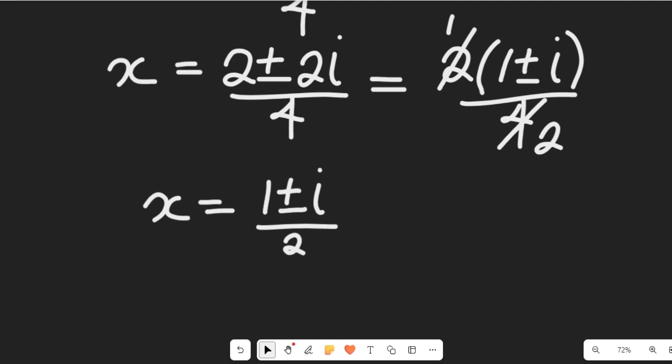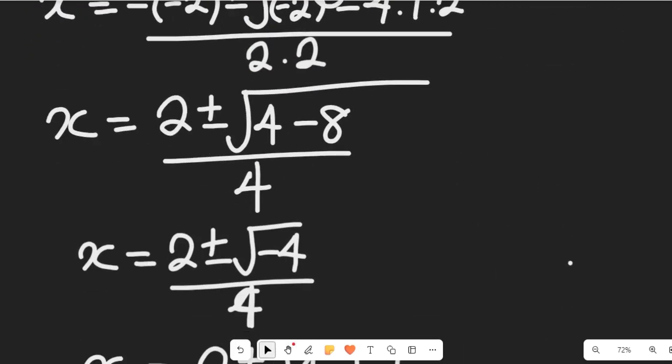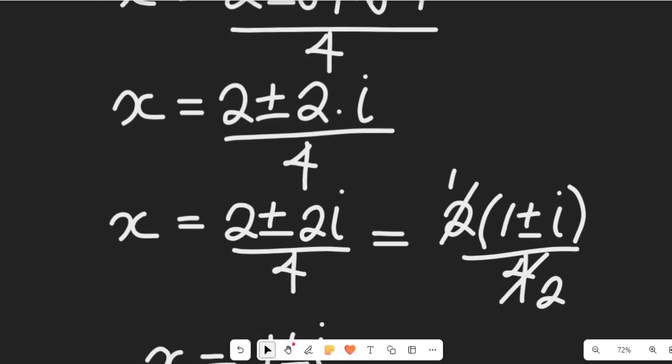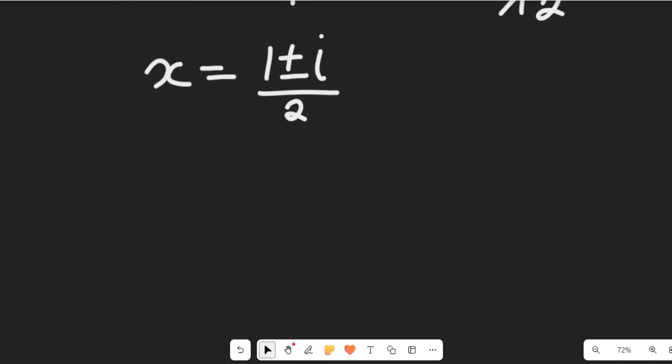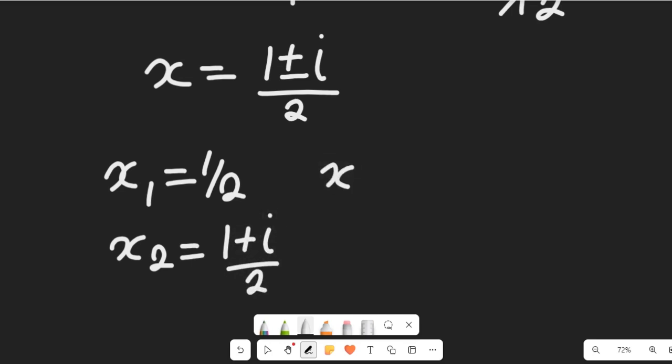So from that expression, you can see that we already have the value of x to be equal to 1 divided by 2. So our x1 is equal to 1 divided by 2. And then we'll have our x2 to be equal to 1 plus i divided by 2, and our x3 to be equal to 1 minus i divided by 2.